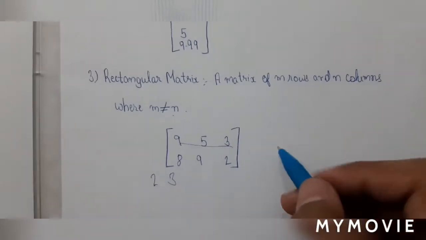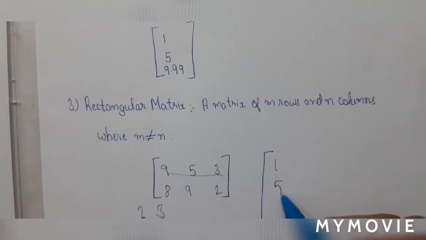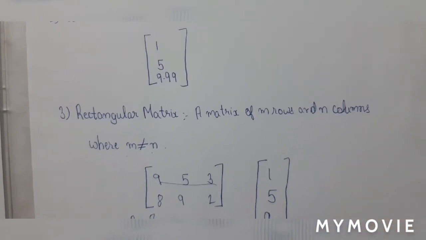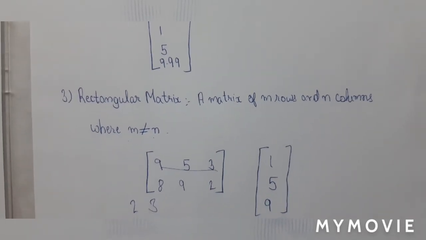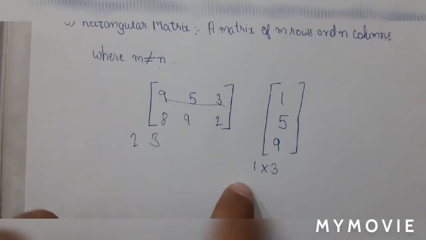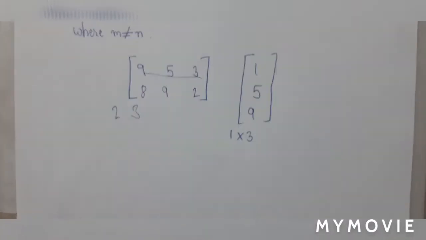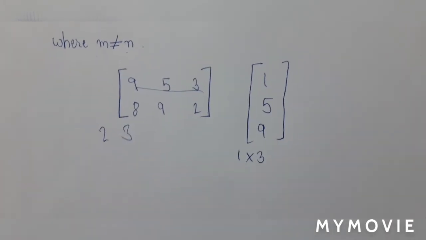So this is a rectangular matrix, or you can take 1 comma 1 5 9. This is a 1 cross 3 matrix where 1 and 3 are not equal, meaning m and n are not equal. So this is called a rectangular matrix.